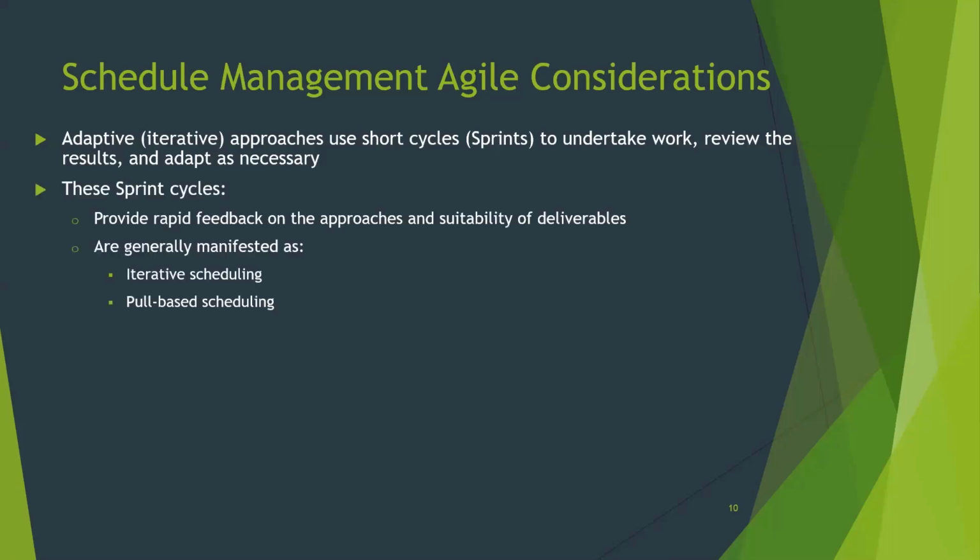But the sprint cycles are a way of providing rapid feedback on the approaches and suitability as you deliver the requirements during subsequent sprint cycles. They're generally iterative and pull-based scheduling.